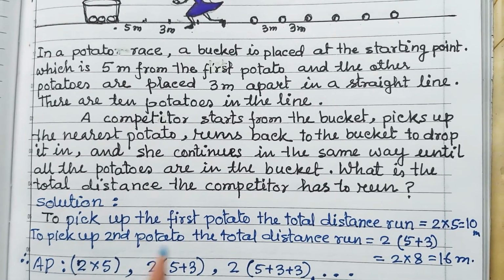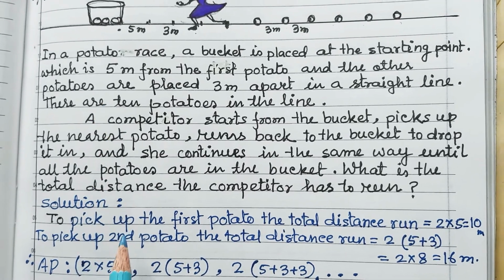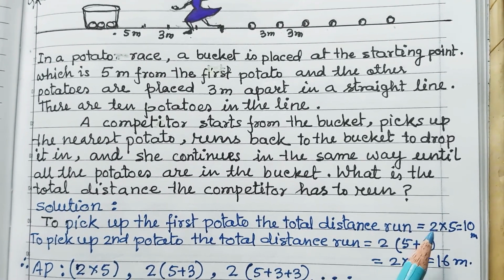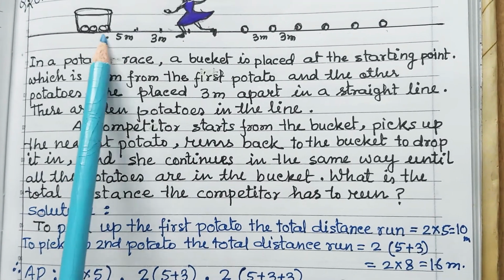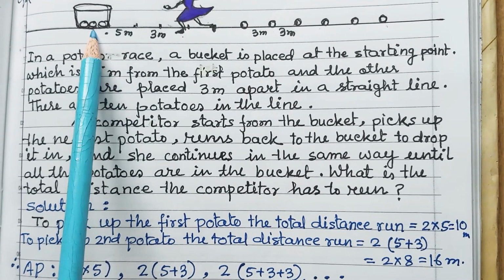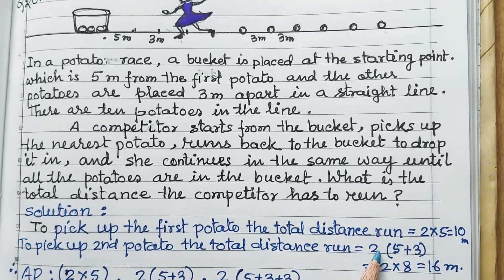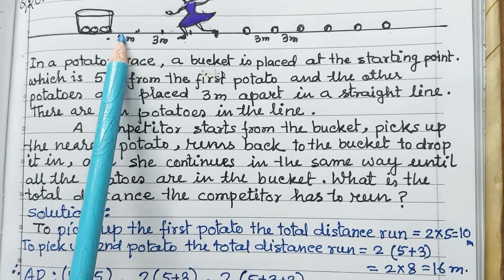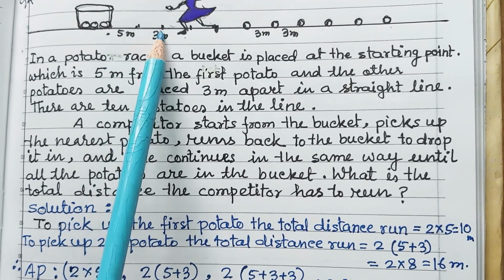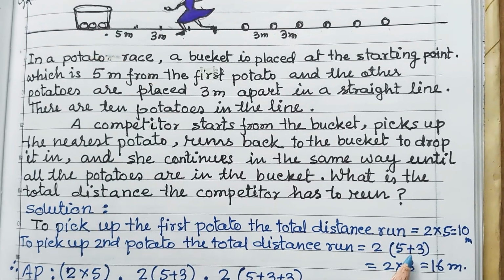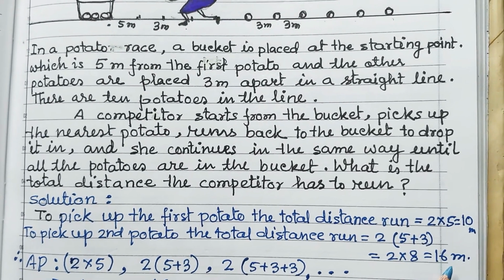Already I have explained, for the first potato it is 2 times 5 metre, forward and backward, so 5 plus 5, 10 metre. The second time she runs 5 plus 3 and again comes back, so it is 2 times 5 plus 3, 16 metre.